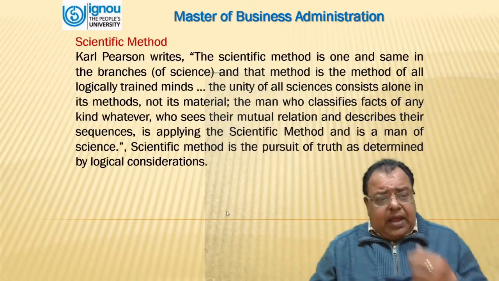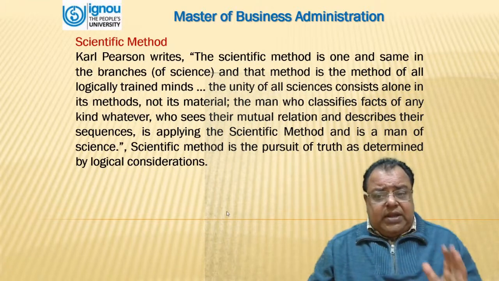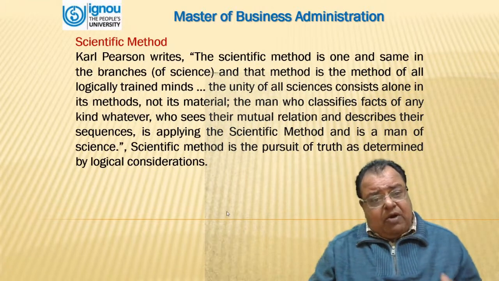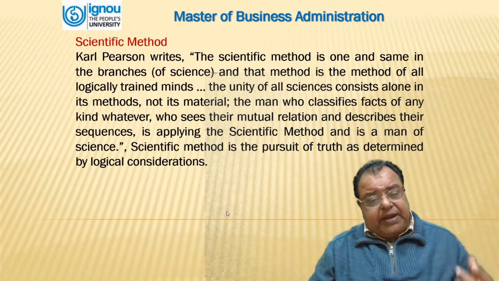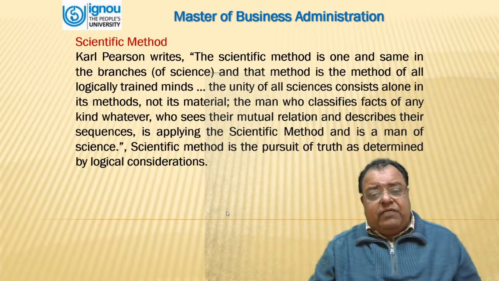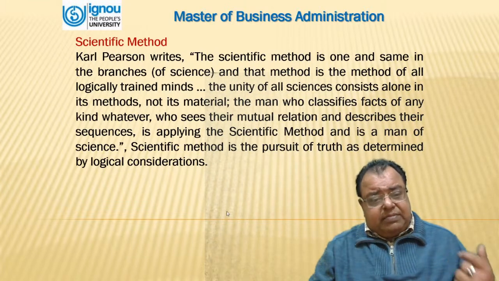Scientific method. Karl Pearson writes, the scientific method is one and the same in all branches of science, and that method is the method of all logically trained minds. The unity of science consists alone in its method, not its material.